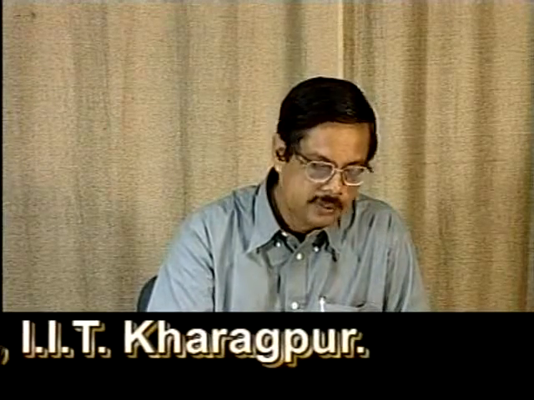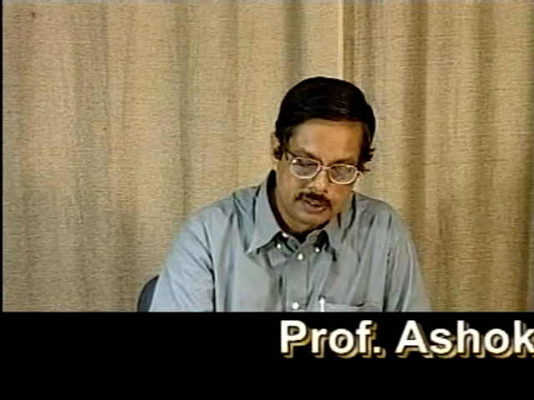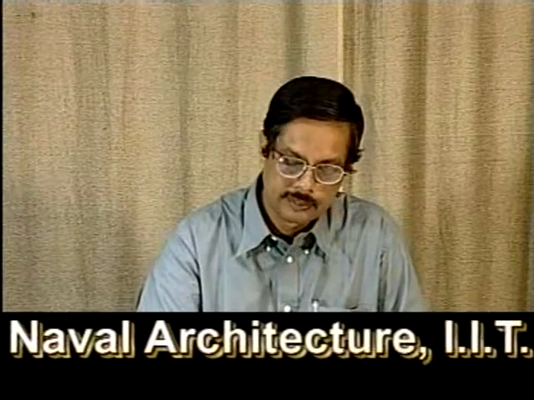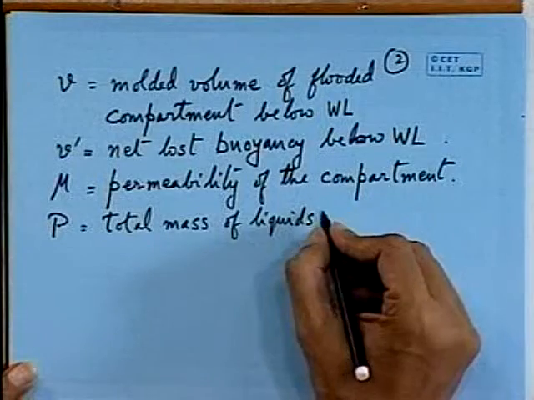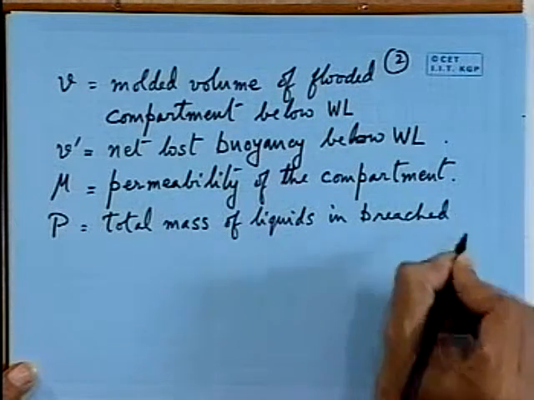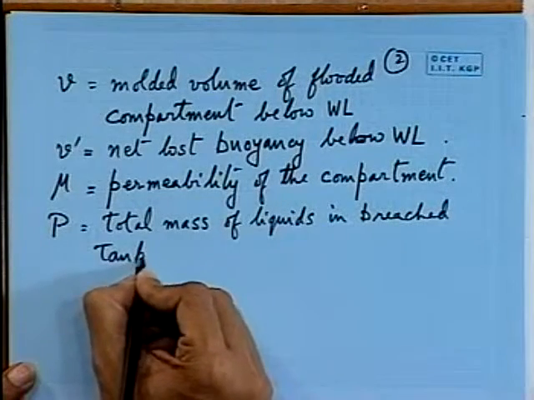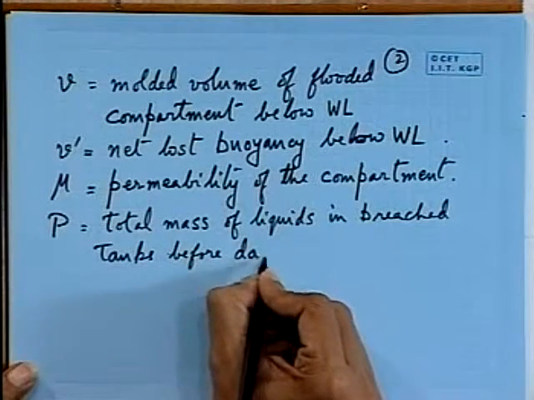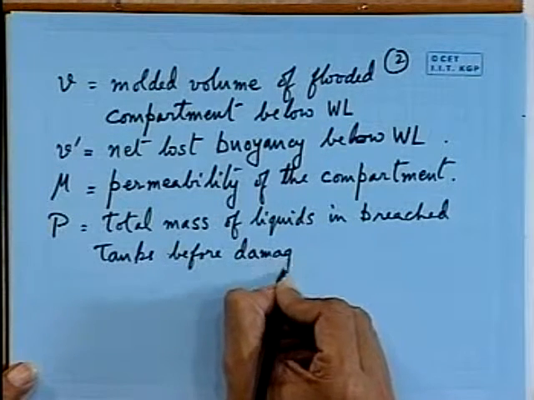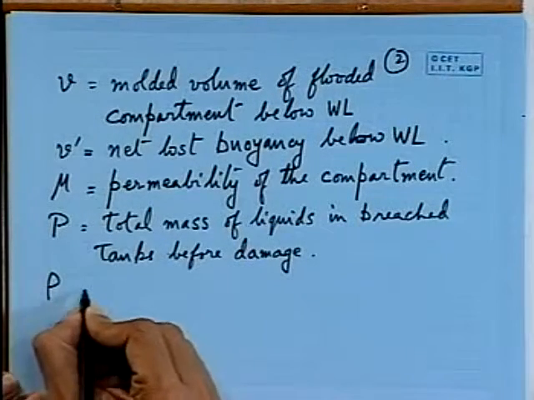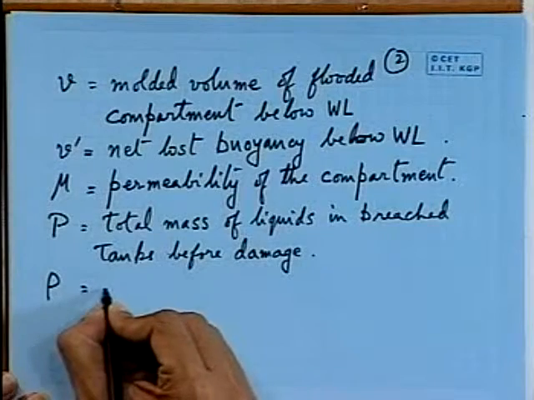Now, P is the total mass of liquid in breached tanks before damage. So this has to be subtracted. And rho is the density of liquid in breached tanks.